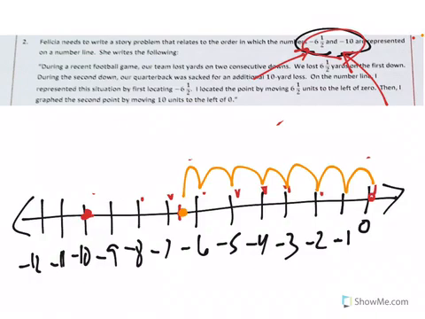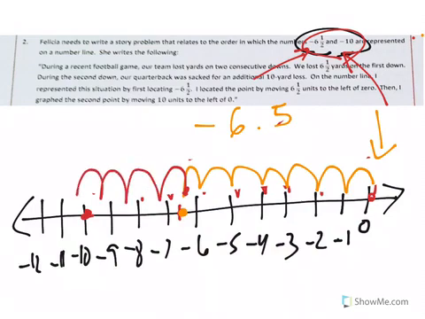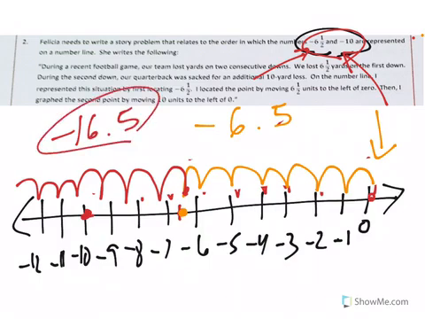If you know football, you know that when you lose 6.5 yards in the first play, you don't start at the 0 or the line of scrimmage. You start where the play ended. So you're already at negative 6.5. So instead of going negative 10 from here over, you would have to start at the negative 6.5 and go back all the way back 10 spots. So you would actually end up at negative 16.5.